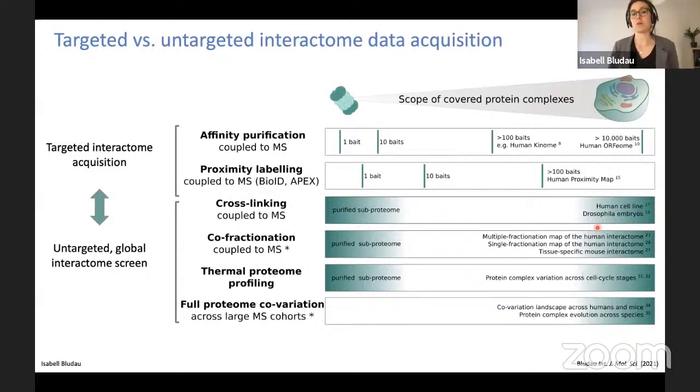In TPP, you basically look at protein denaturation curves across increasing temperatures, and what you would expect is that proteins that form a stable protein complex show very similar denaturation characteristics. And another alternative is to really look at full proteome covariation, where you can leverage very large MS cohorts and look at which proteins actually co-vary across the entire data set. But in my presentation, I will today mostly focus on co-fractionation.